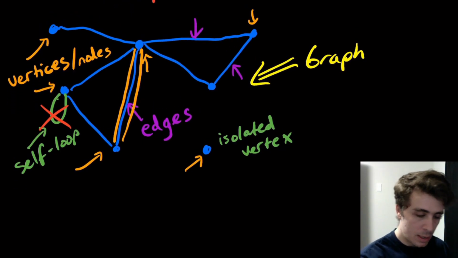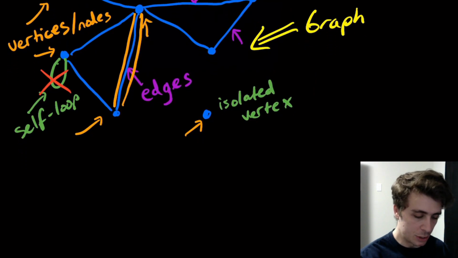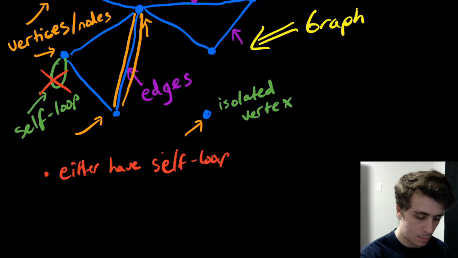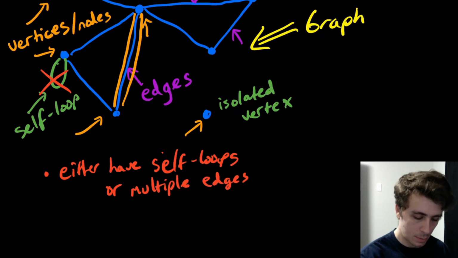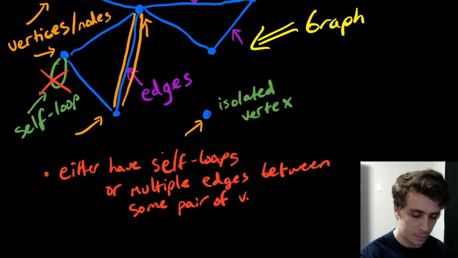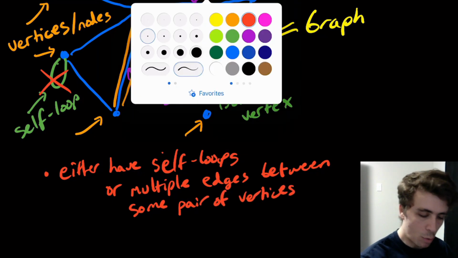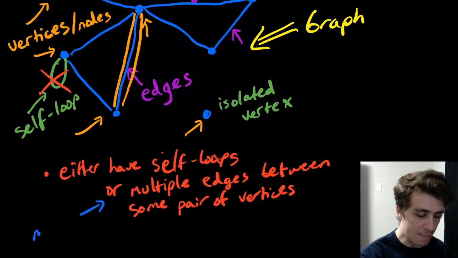So here are some definitions. If we have self loops, or we have multiple edges between some pair of vertices, we give that the name multigraph.